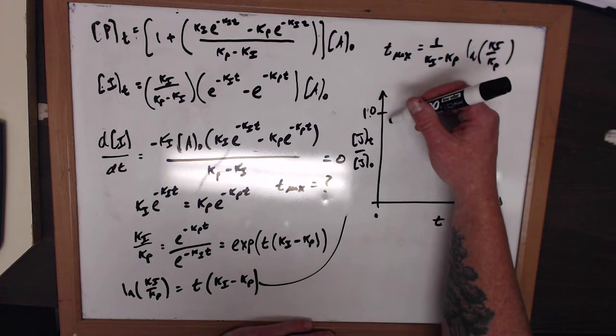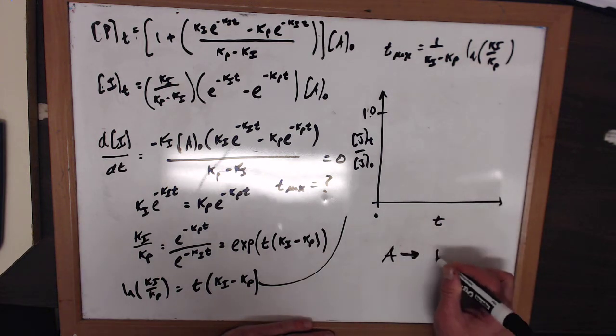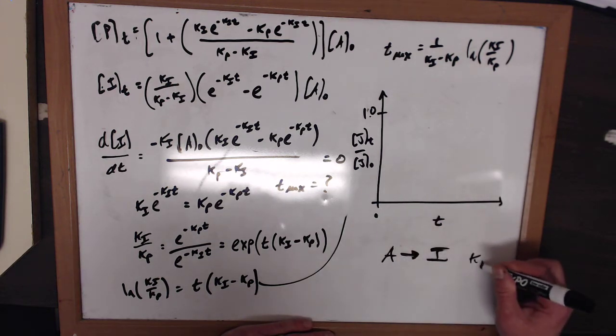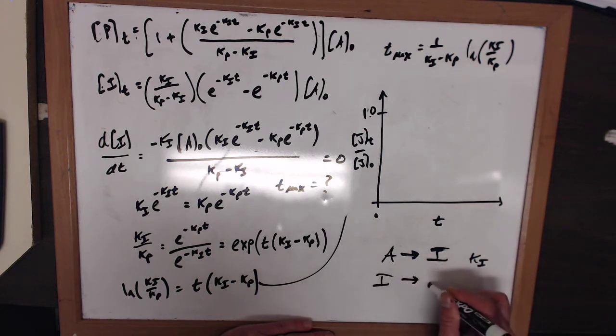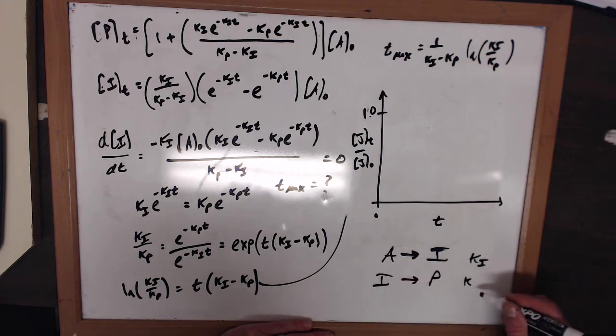And so let's just write that mechanism down: A goes to I at first order decay, Ki, and I goes to product at first order decay, Kp.